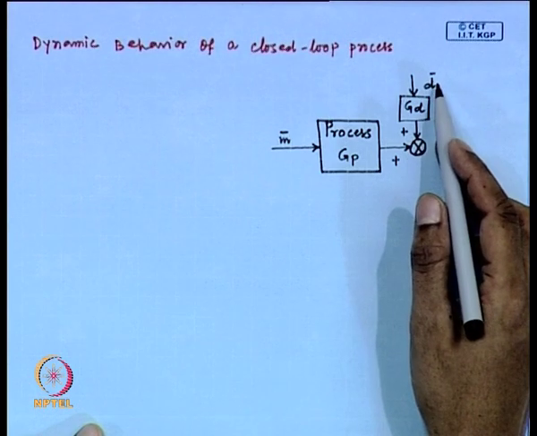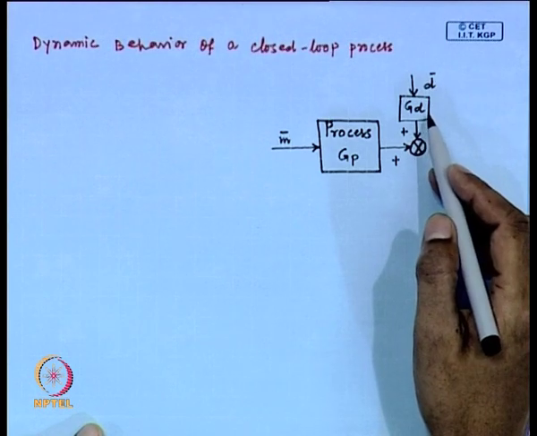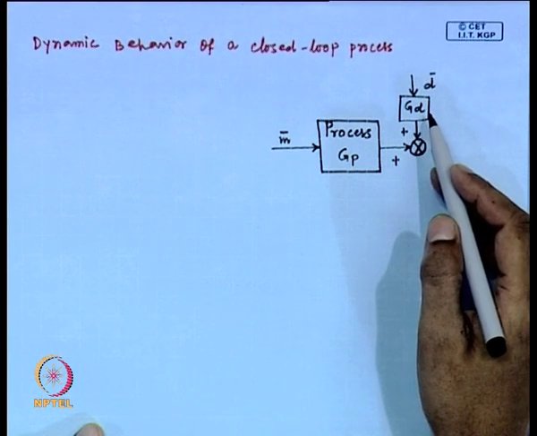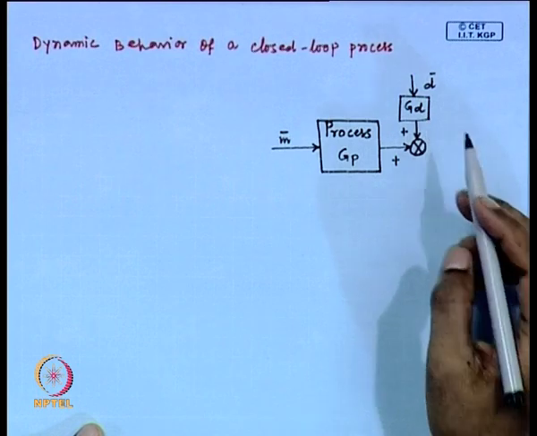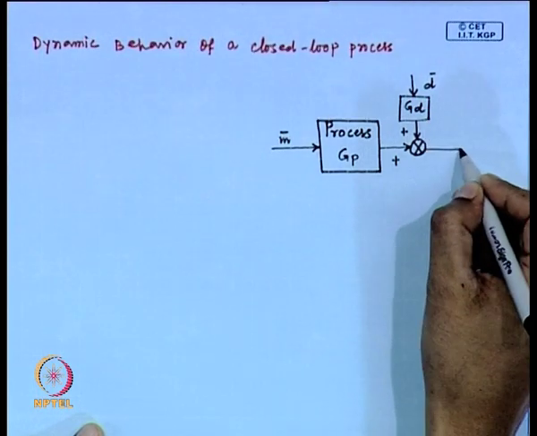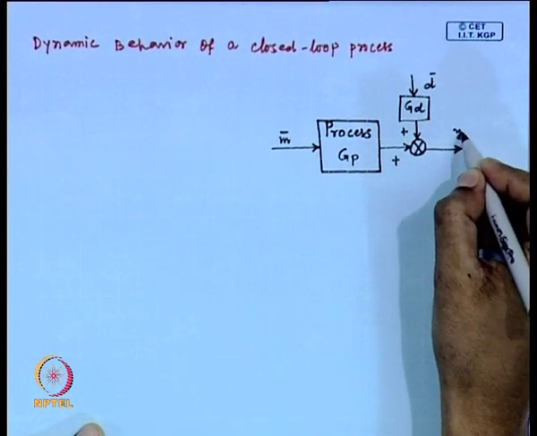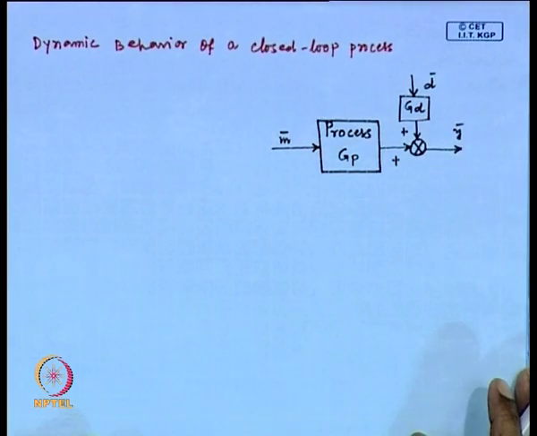D is the disturbance and GD is the transfer function of the process with respect to disturbance. Process output is represented by y and in Laplace domain that is y bar.